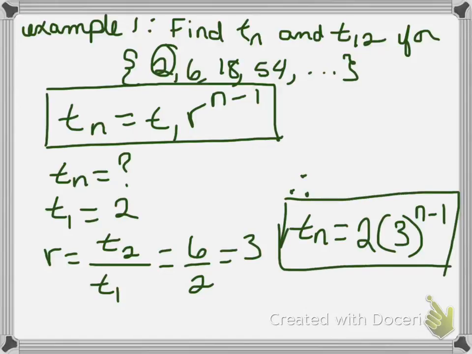That's the formula that we're going to use to discover what t sub 12, our 12th term in the sequence, is. Alright, so let's go to another whiteboard here. And if that was too quick, you can always, of course, pause this video and write down some notes. I want to know what t sub 12 is. I write down t sub 12 equals what?